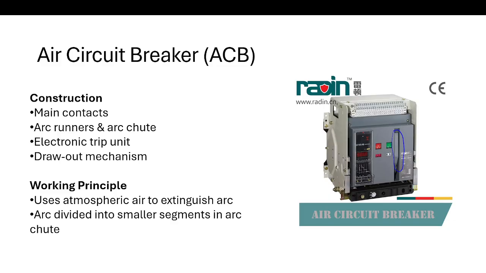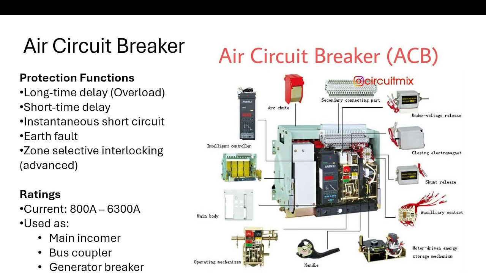Now what is the working principle? Under normal conditions, current flows through closed contacts, as you can see. When a fault occurs, the trip unit detects abnormal current. It activates the opening mechanism.